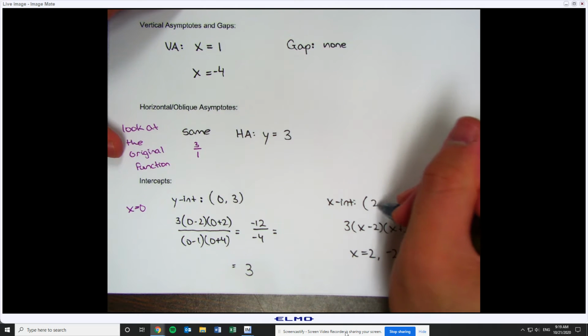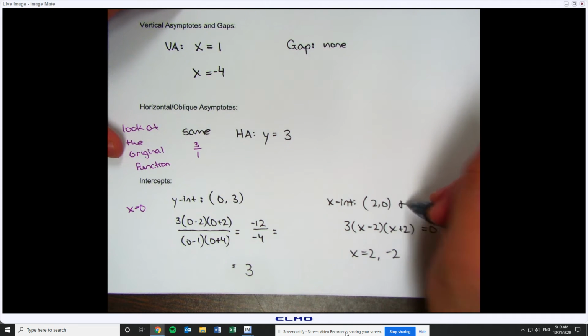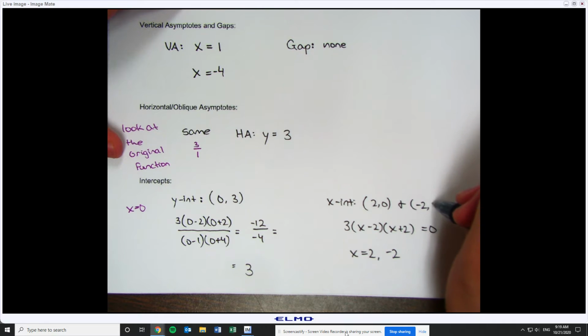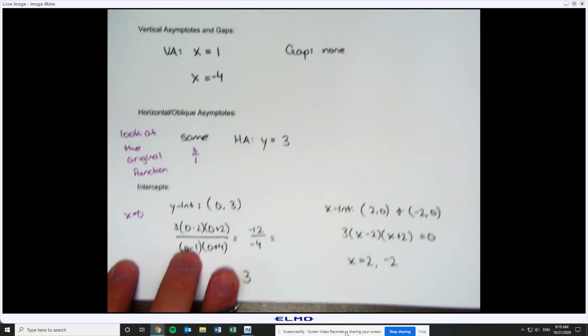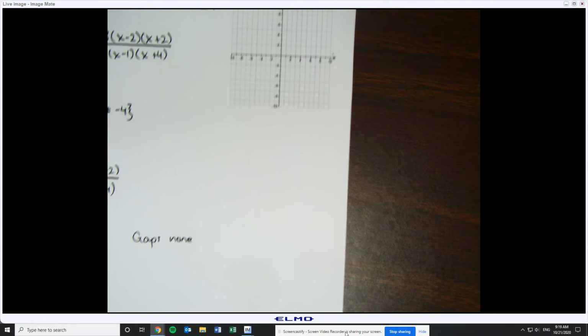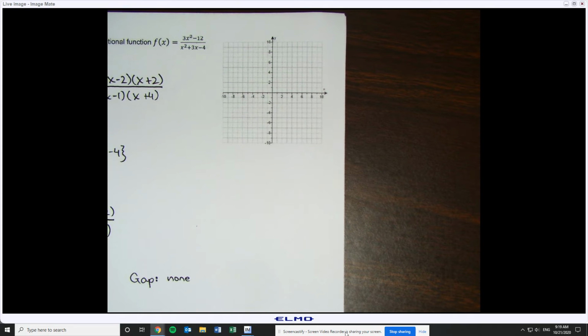So I have 2, 0, and -2, 0. Got it. We're all done. Those are all the properties and information we have. Now we're going to take that and graph. So when graphing, I'm going to give you some steps that I want you to follow, and it's going to help you out.